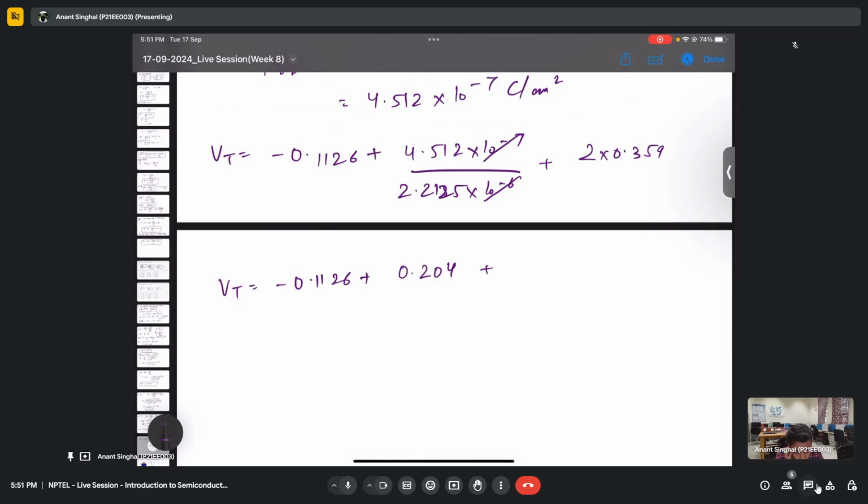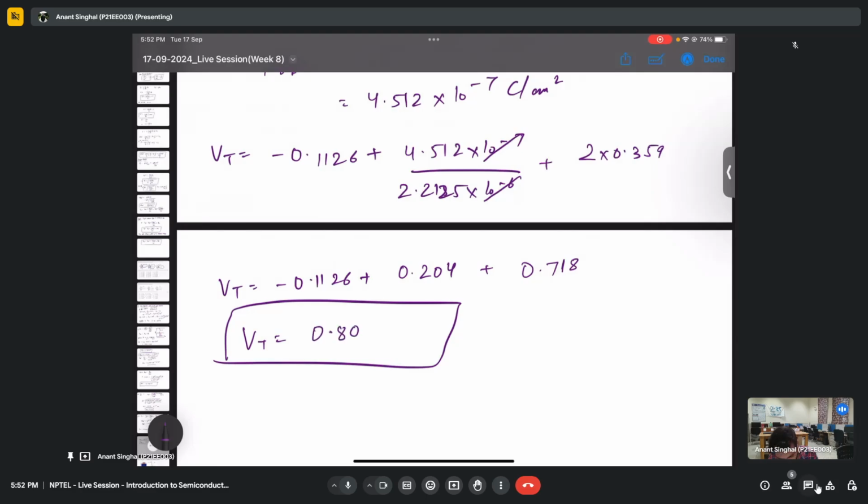That only, sir. 0.20. Yeah. So 8, 11, 7. So this will give a VT of 0.9 minus 0.1, something around 0.80 will come. I don't know. 0.809 volts.